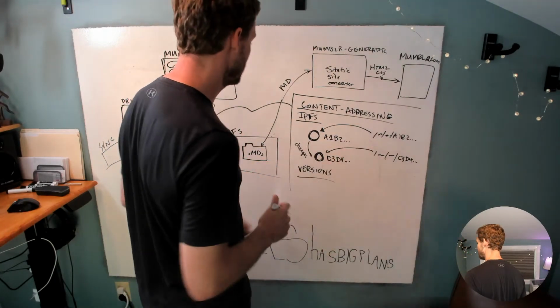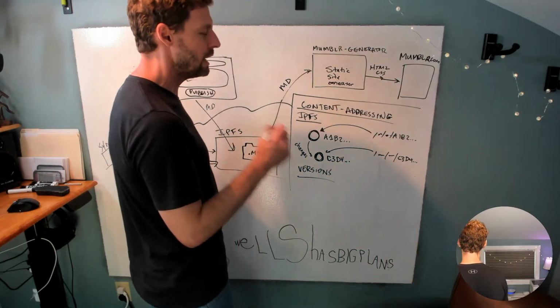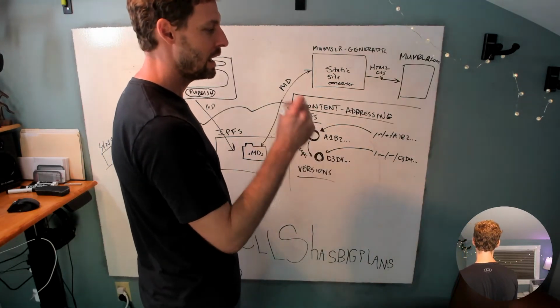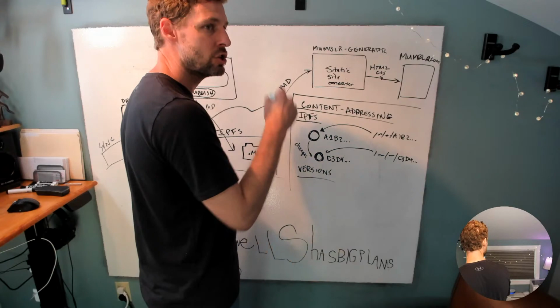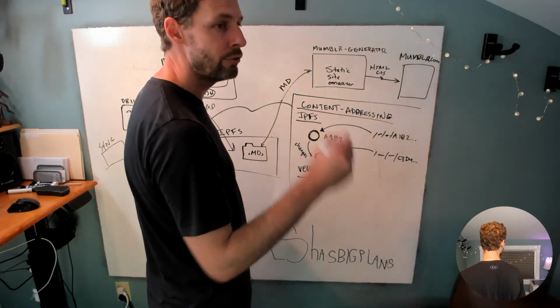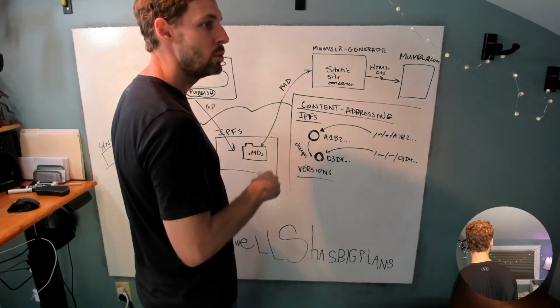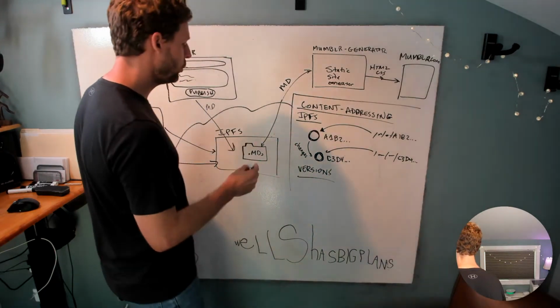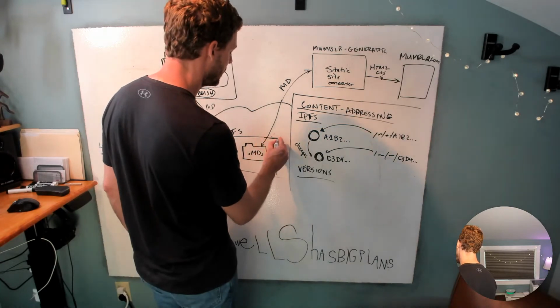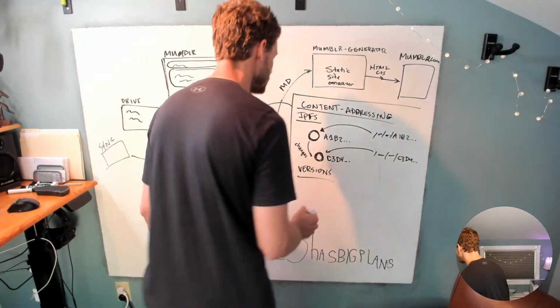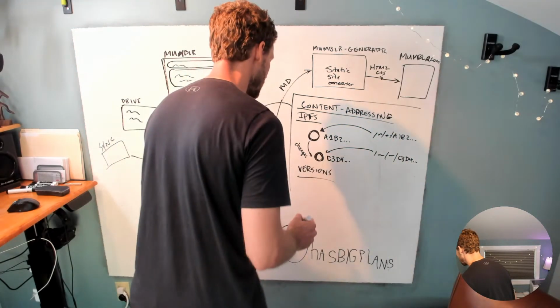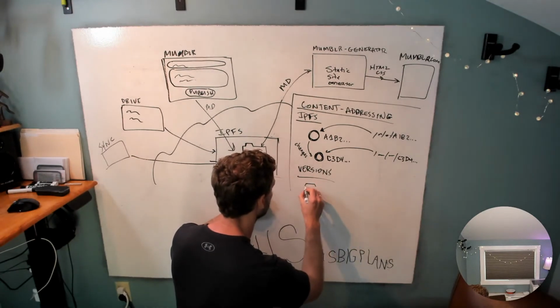Again, I'm glossing over a few things here, such that if any file in the folder changes, the content address for the folder itself changes. So if you add or remove a file, the folder's address changes in the same way.